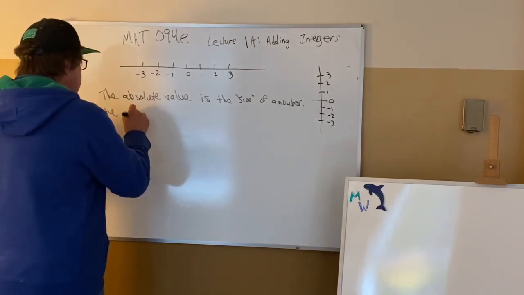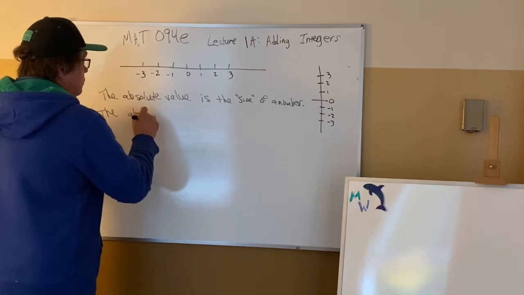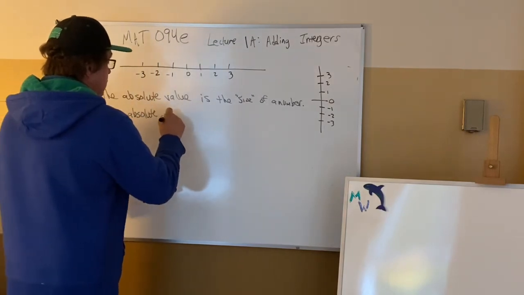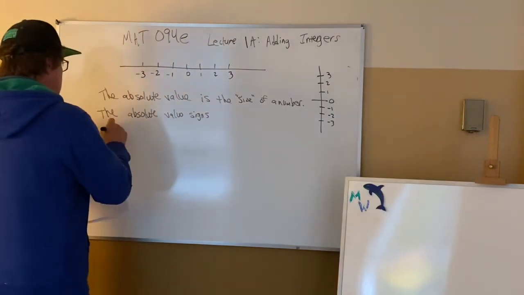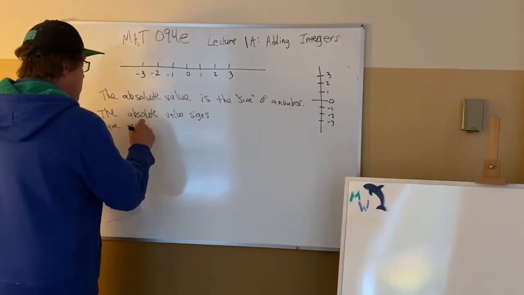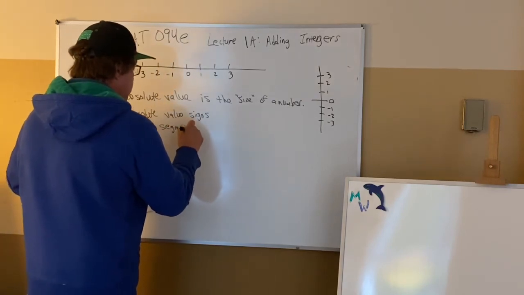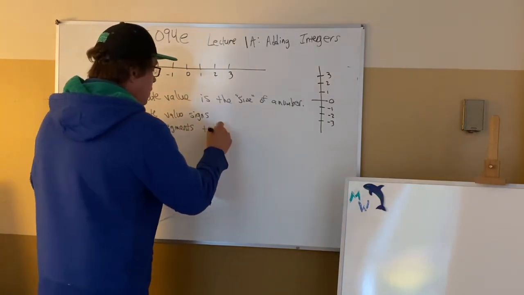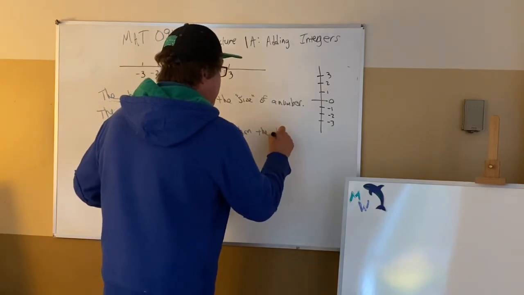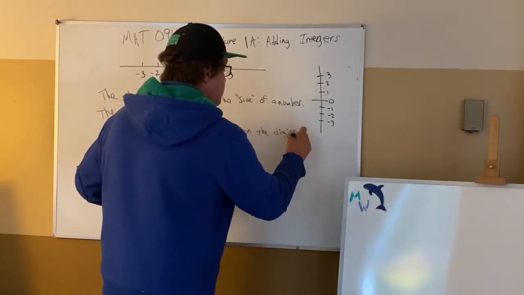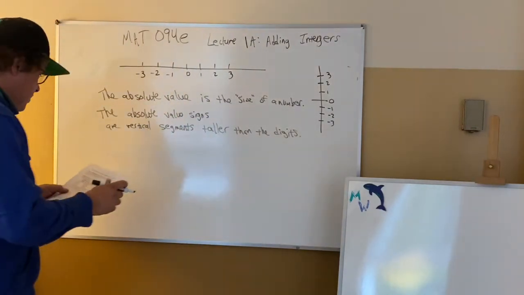The absolute value signs are vertical segments taller than the digits, and they trap the number digits inside them. They're like parentheses, but they make the number not have a sign. So I'm going to go like this.